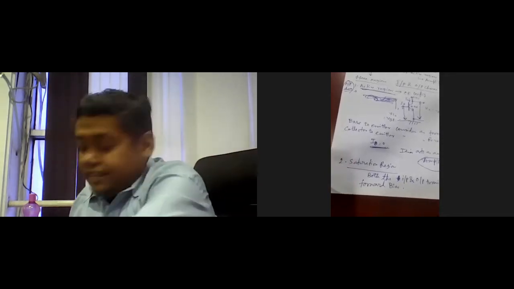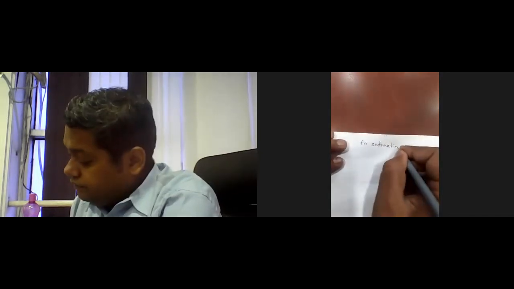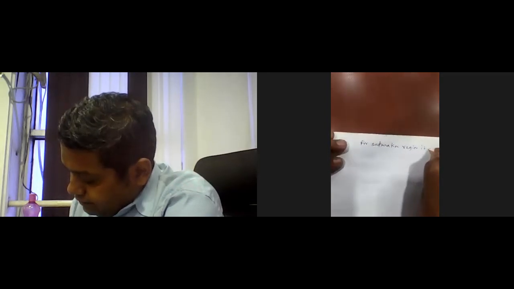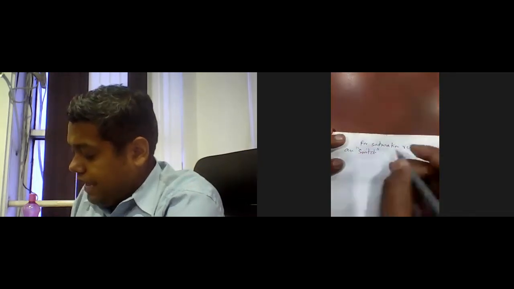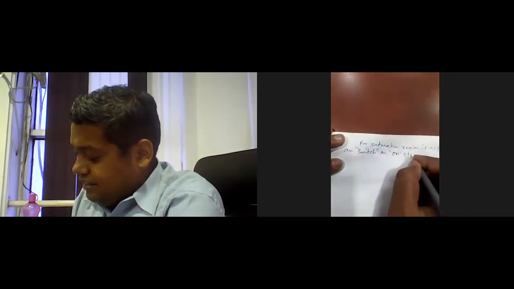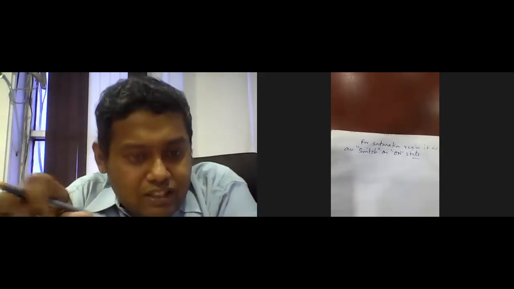In this saturation region, it acts as a switch in the on state. It is one type of switch, the closed circuit. Sorry, in the saturation region it is a closed circuit, because both junctions, base to emitter and collector to emitter, are forward biased. This is the short circuit or closed circuit, so it is considered as a switch.